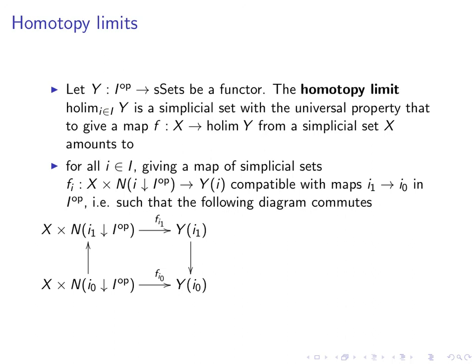It's similar for the homotopy limit of a diagram. Again it's a simplicial set with the universal property that maps to it from an arbitrary simplicial set X amount to giving a map from X thickened by this nerve to each object Y_i, with some compatibility conditions that make this diagram commute.